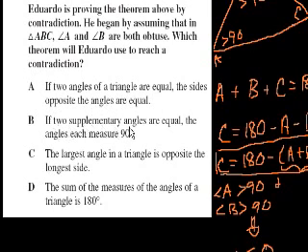No. If two supplementary angles are equal, the angle each measures 90. We didn't use that. The largest angle of a triangle is opposite the longest side. No. The sum of the measures of the angles of a triangle is 180. Yep, that's the first thing we wrote down right there. So it's choice D. That's the theorem Eduardo used to reach the contradiction.